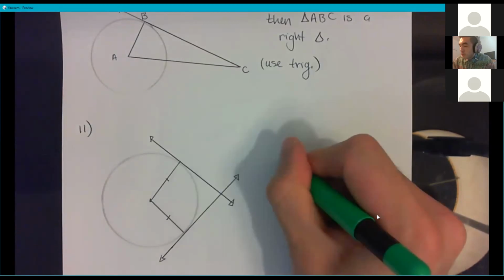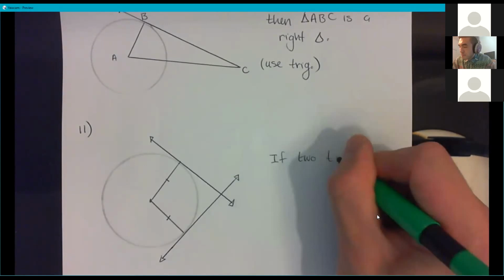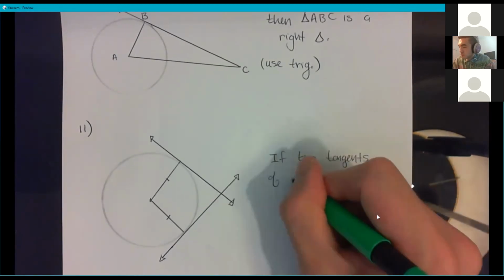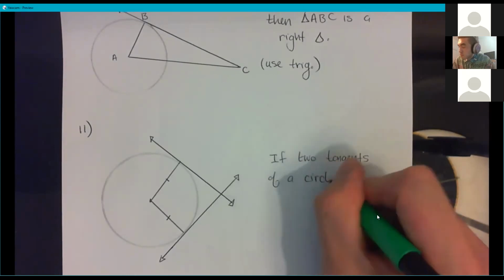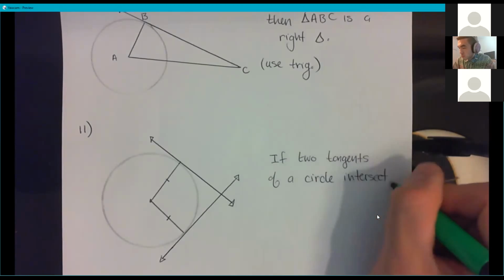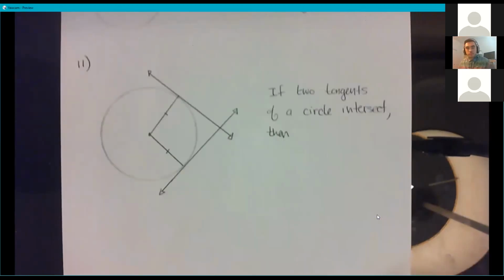So if two tangents of a circle intersect, then we can make the following strong statement.